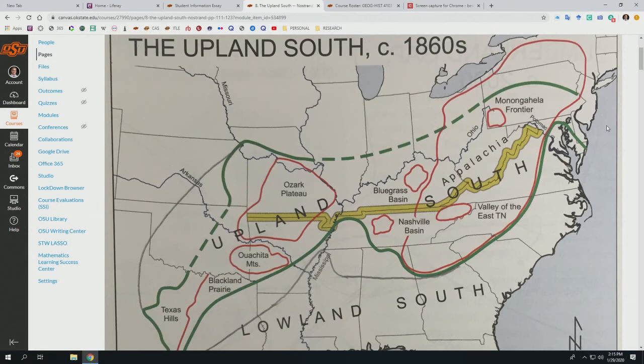While in the Upland South, there really wasn't much interaction between whites and blacks, except for maybe in some of the plantation islands. Although Upland Southerners understood slavery, they didn't have the same interaction.